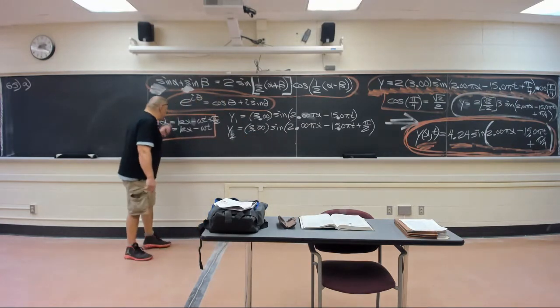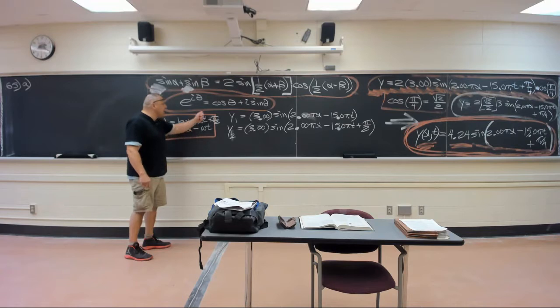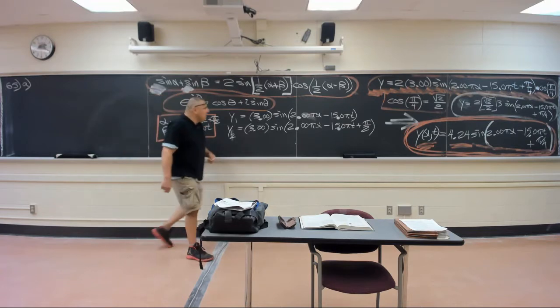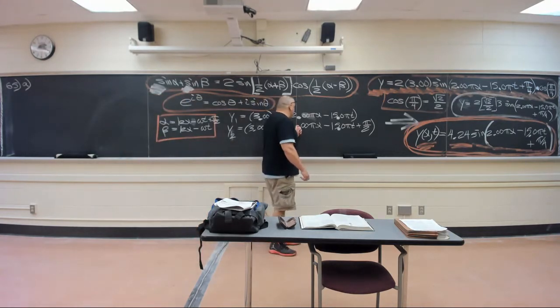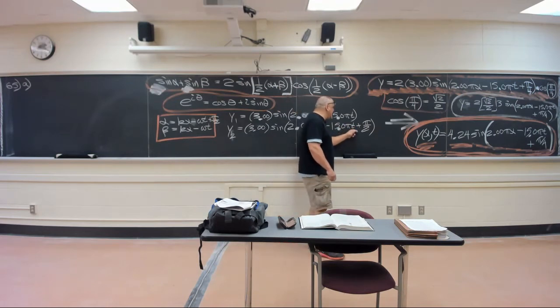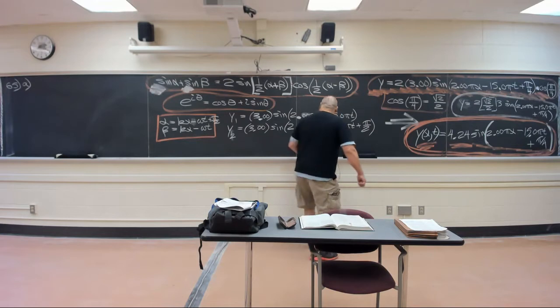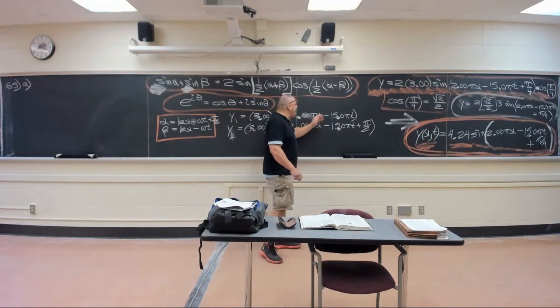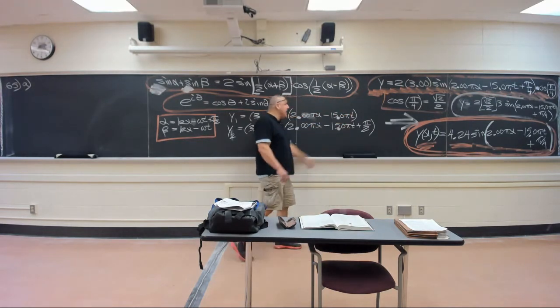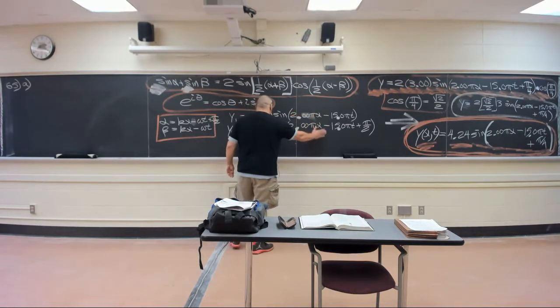This is why alpha is kx minus omega t plus pi over 2, and beta is kx minus omega t. That's it. Here's your beta, here's your alpha.